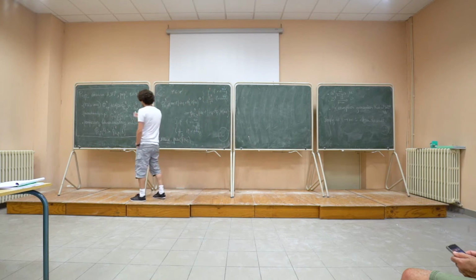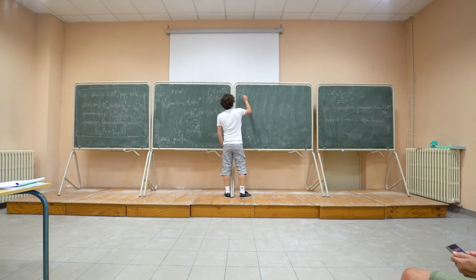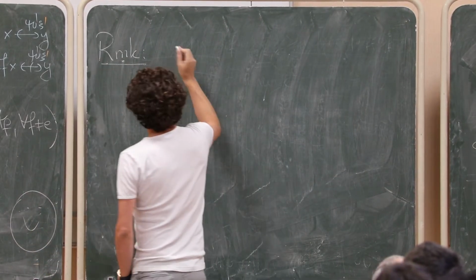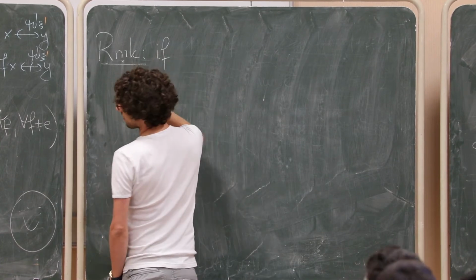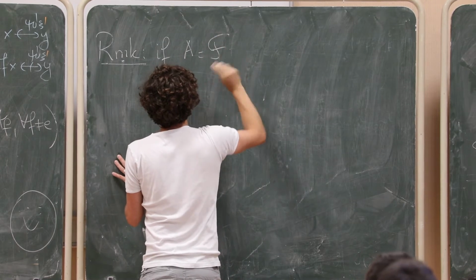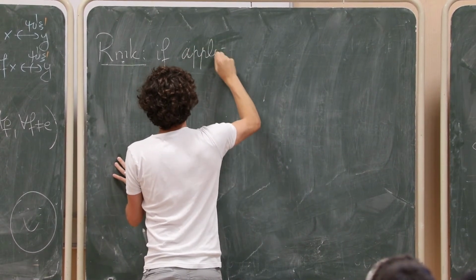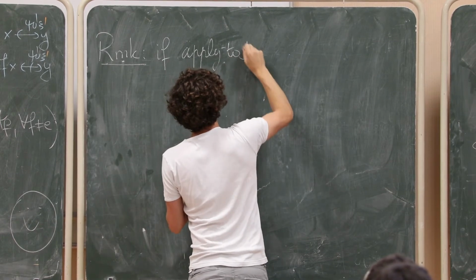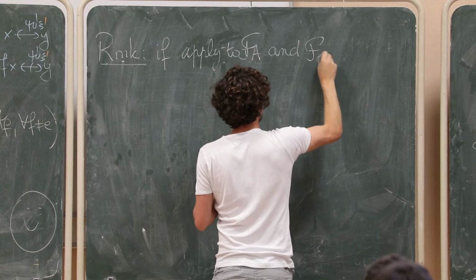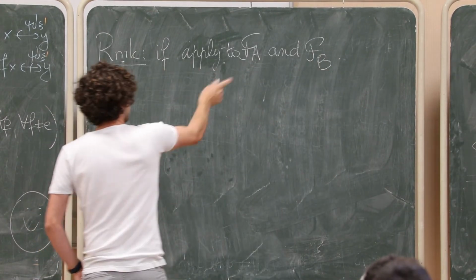And notice one thing there, remark. If you set, say, A equal F, so if you apply to F A and F B. I realize that maybe A and B here I should have used E and F, not to collide with this notation.